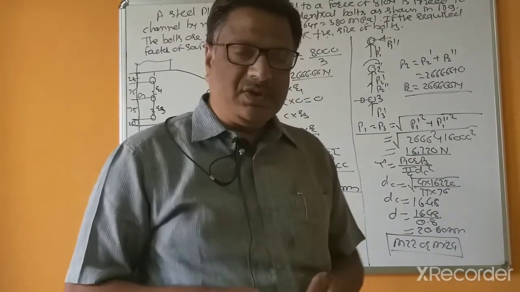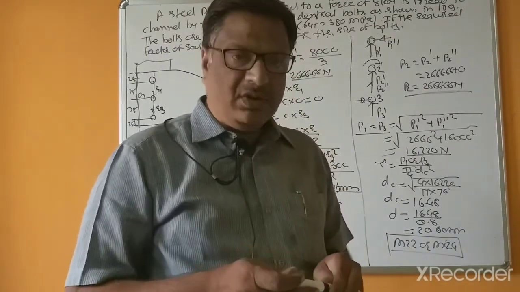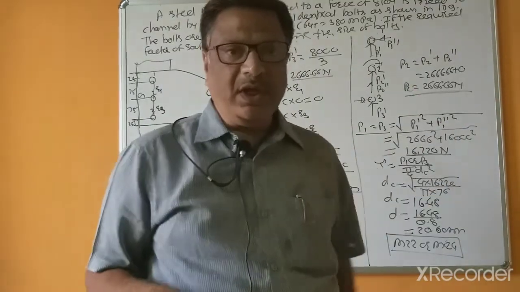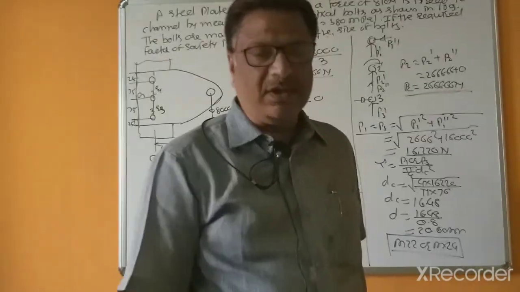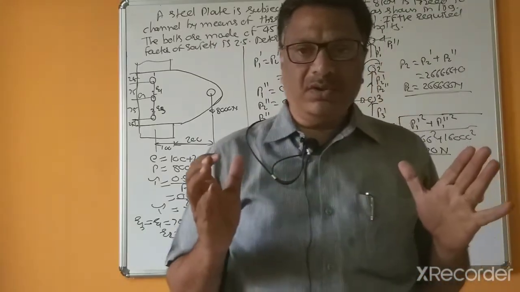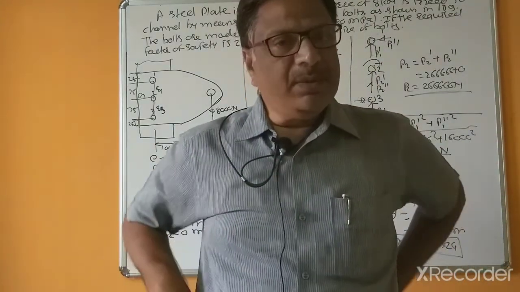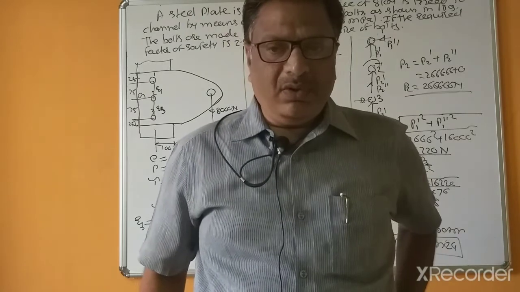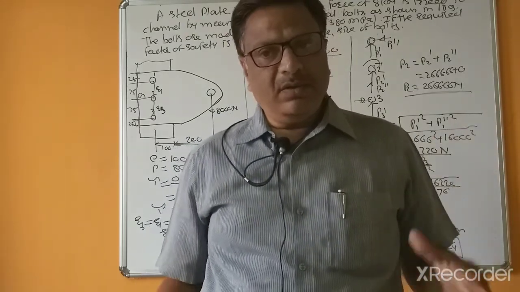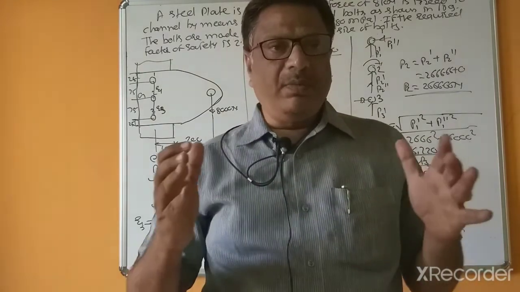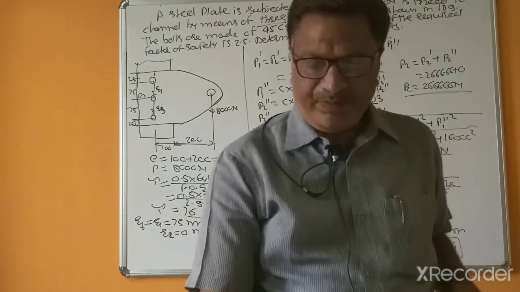So these are the problems related to when the load is perpendicular to the axis of the bolts. In the next class we will see design procedures and problems related to when the load is parallel to the axis of the bolts, and some problems with combinations of perpendicular and parallel loads.